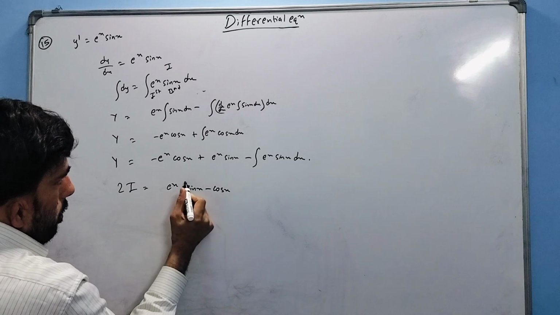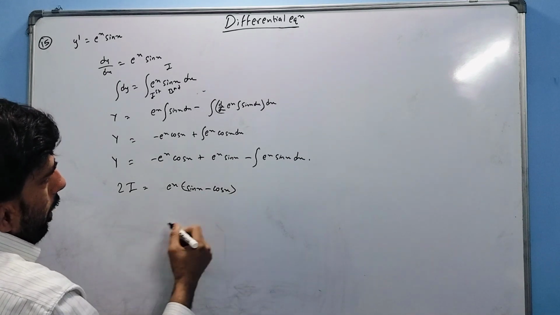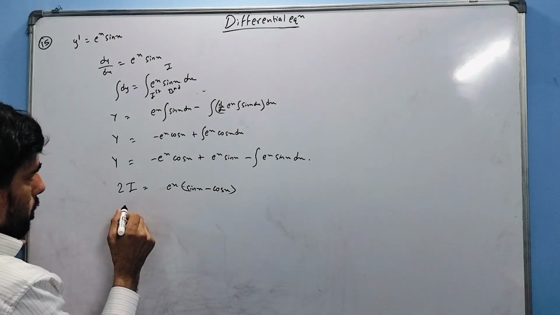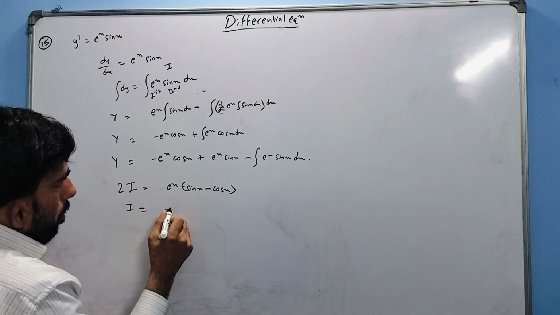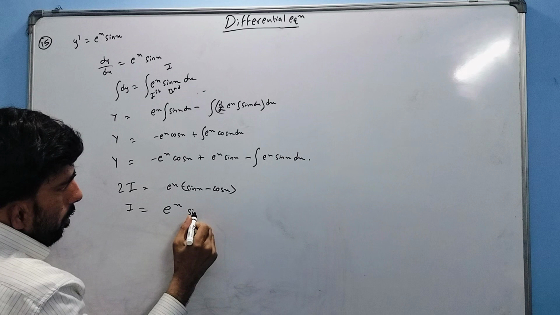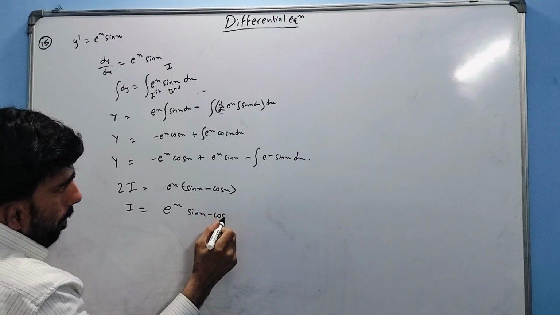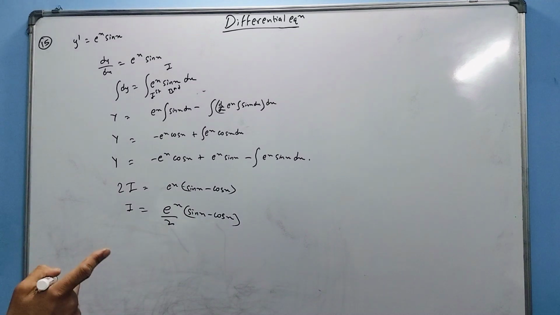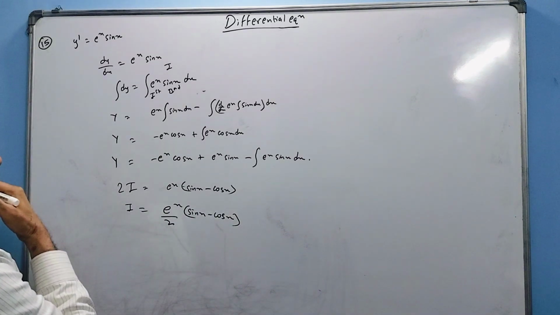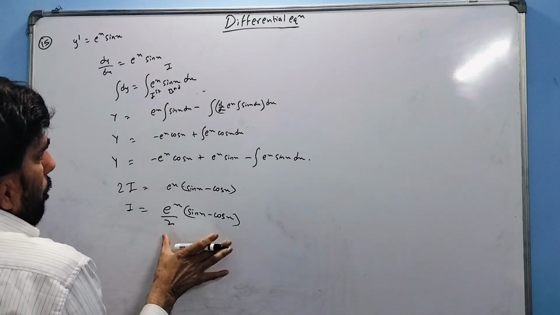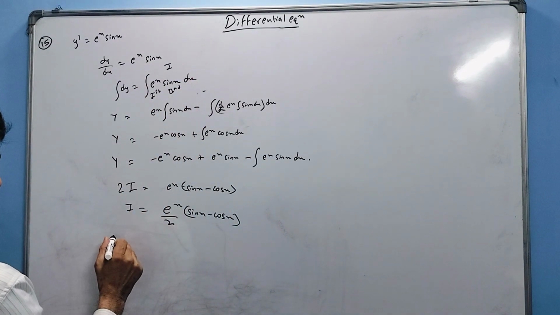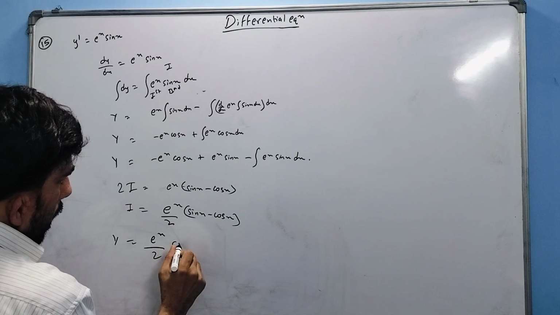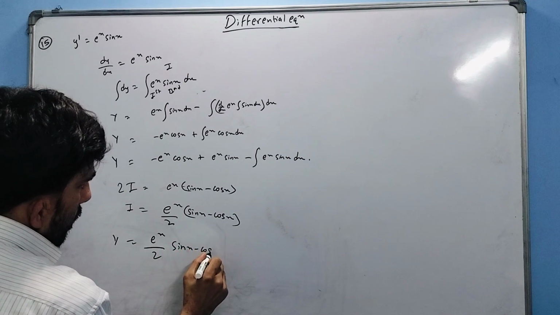So now 2I is equal to this, so I is equal to e^x (sin x minus cos x) divided by 2. Now I can put the value here. So I got y is equal to e^x upon 2 times (sin x minus cos x) plus c.